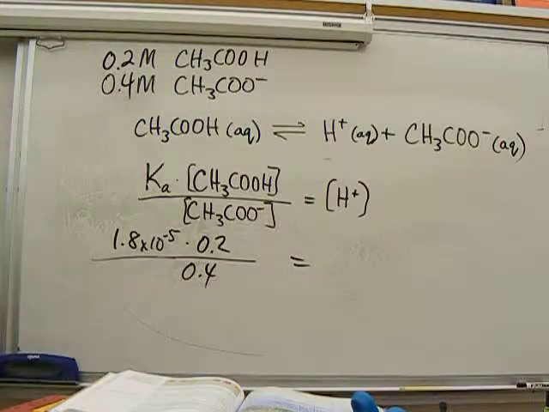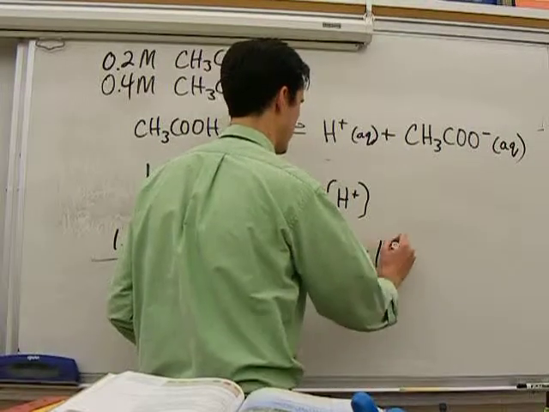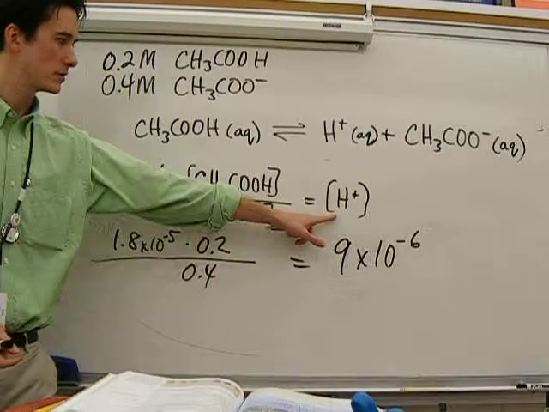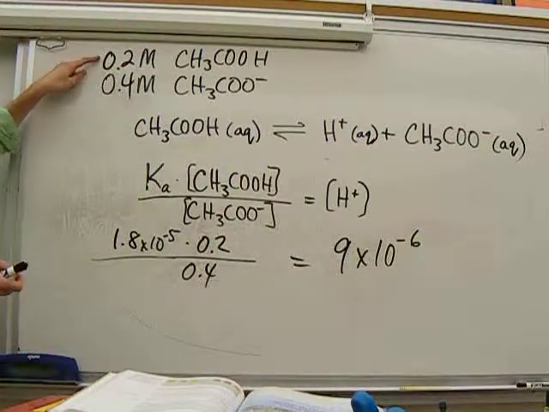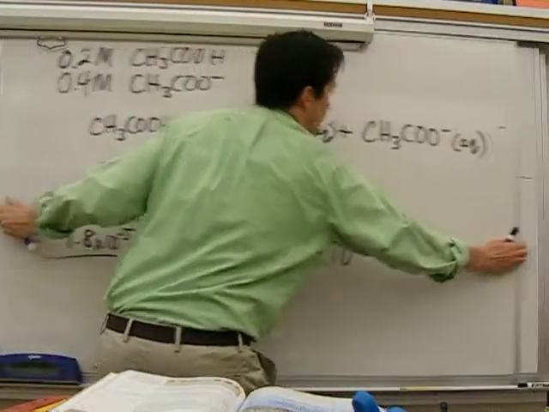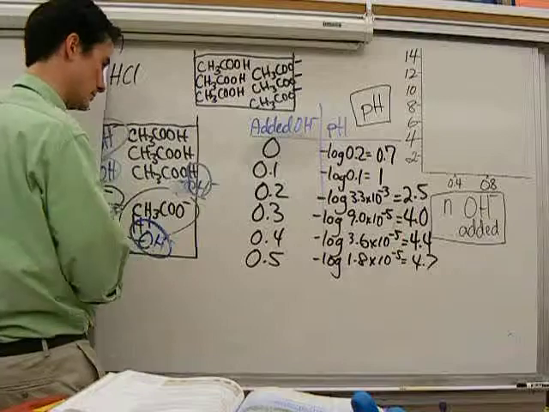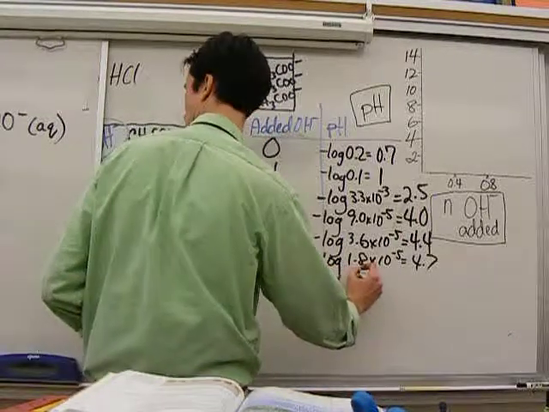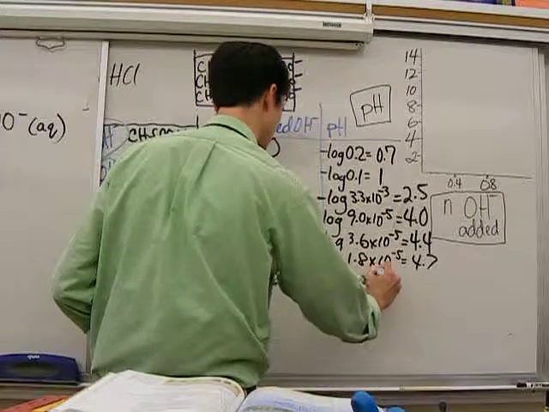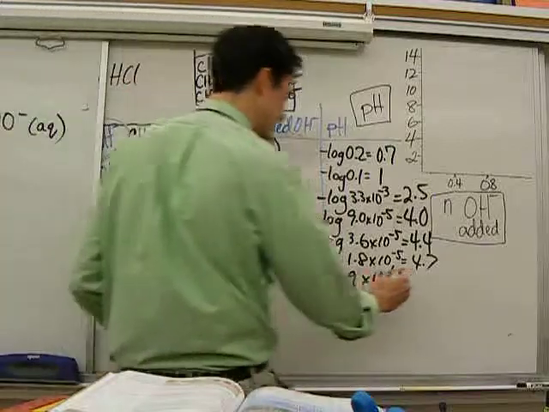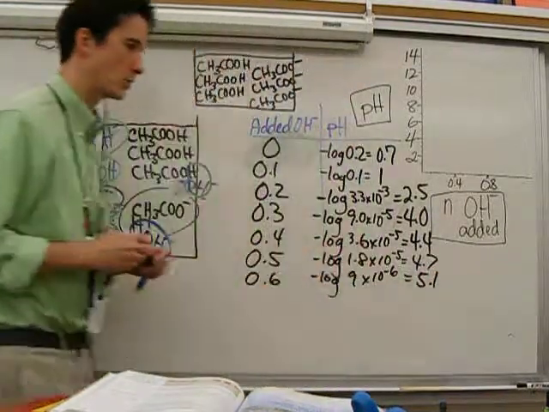And what's this coming to be? 9 times 10 to the negative 6. All right, so that's the concentration of H+ for 0.2 molar acetic acid and 0.4 molar acetate. 5.1, something like that.